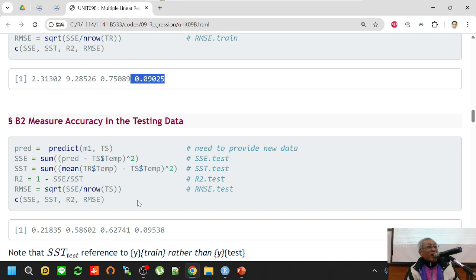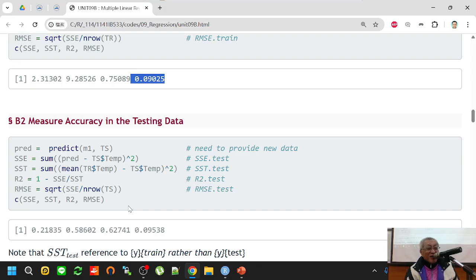So it also implies that the model performs better on the training data set than on the testing data set, which is usually the case.